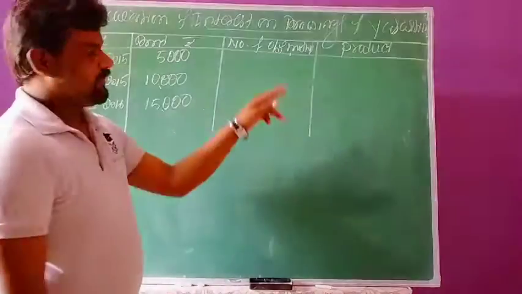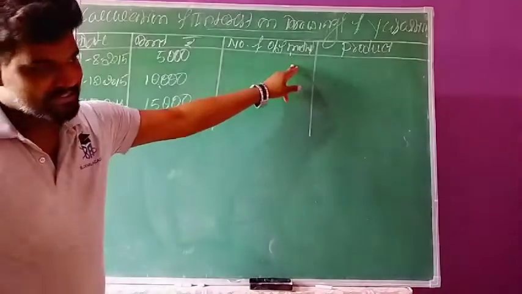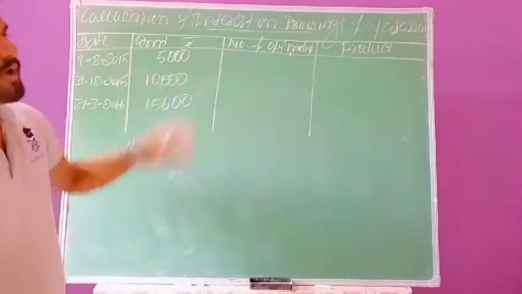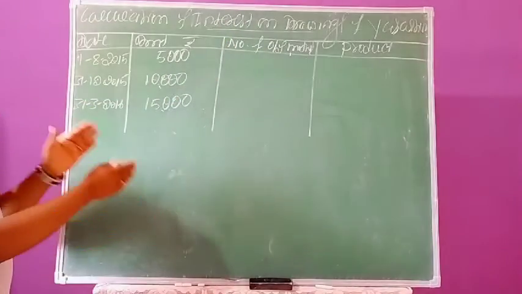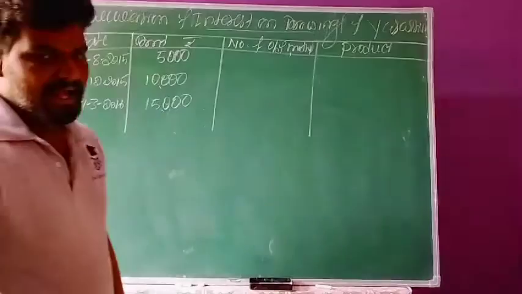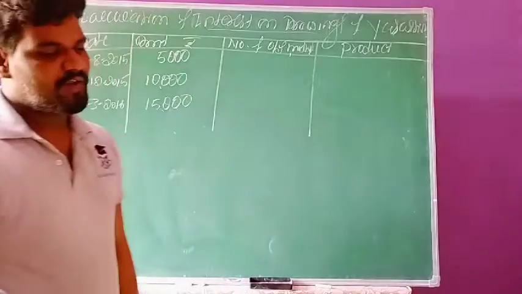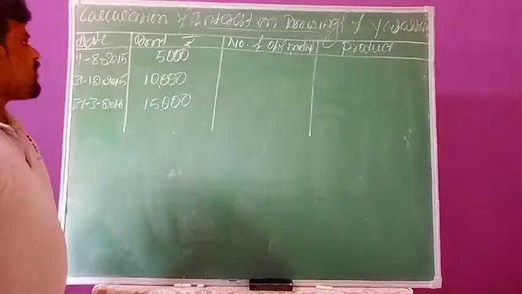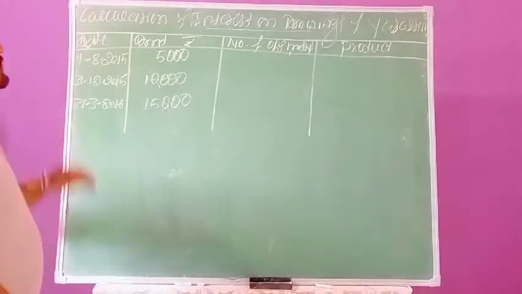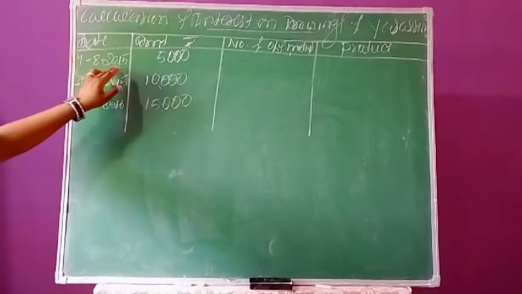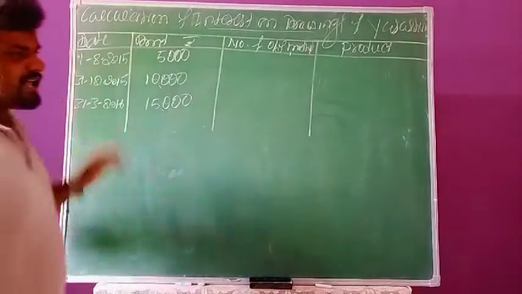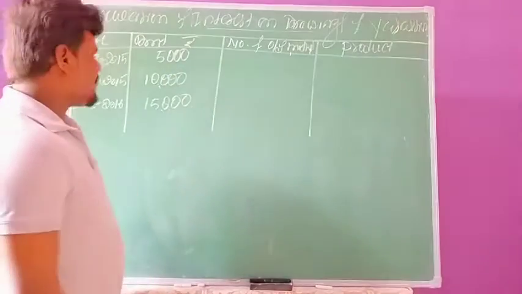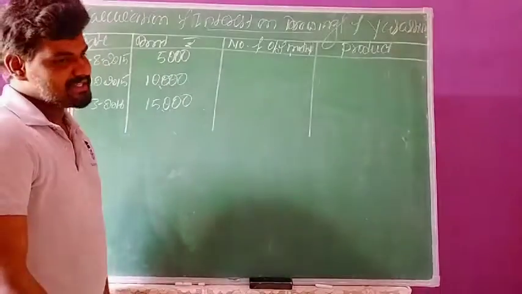First we need to identify the outstanding number of months or period. This is ascertained from the date of withdrawal to the end of the assessment year, the date of the last balance sheet. As on 1/8/2015, they withdrew rupees 5,000, but the books of accounts close on 31st March 2016, right?